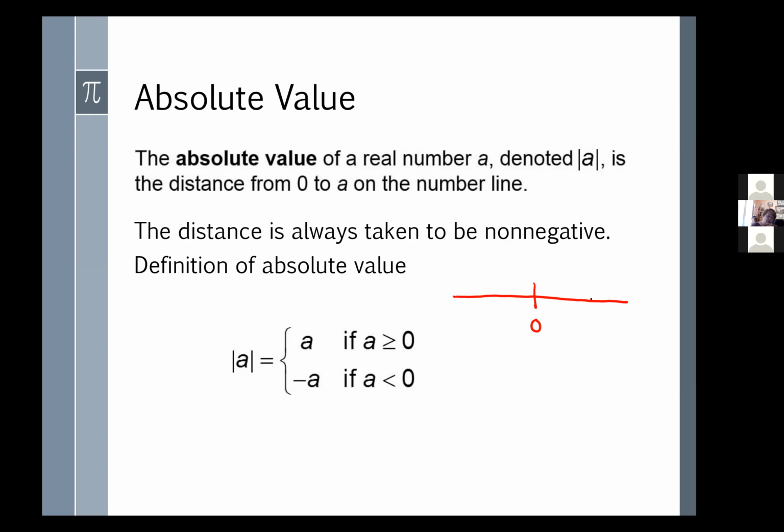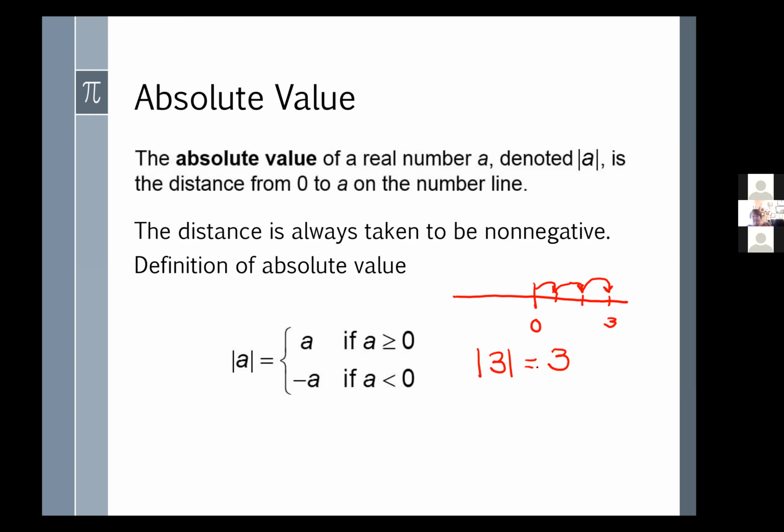So if I ask you what the absolute value of 3 is, the absolute value of 3 is 3 because the distance 3 is from 0 on the number line is 3.